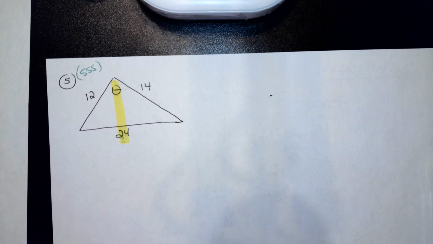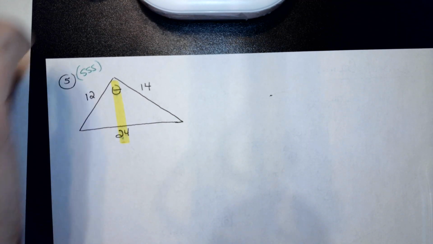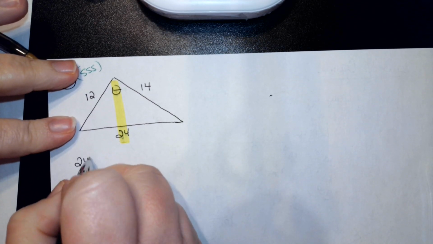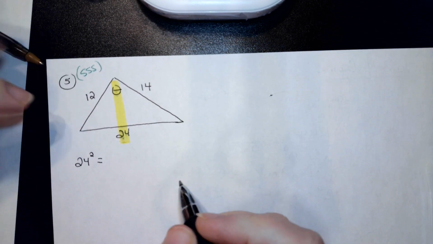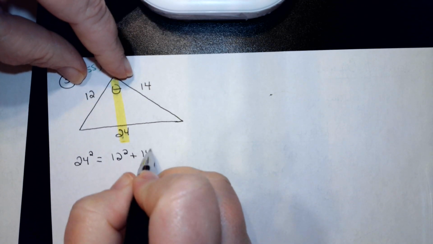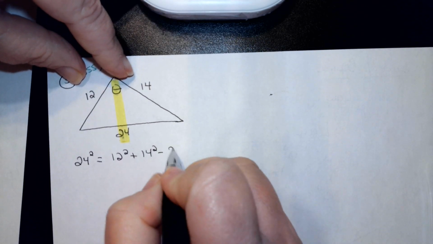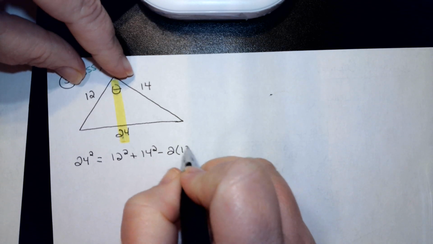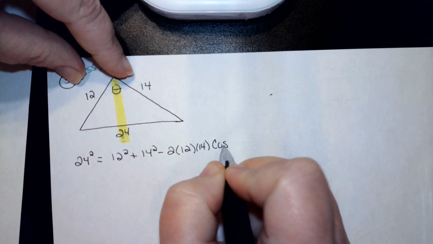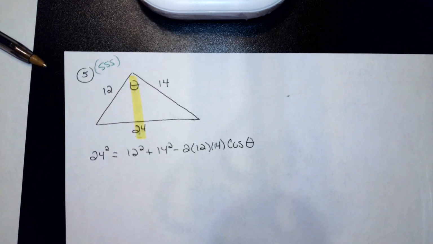We only know one of them. So we're going to use the law of cosines. So we're going to say our side that's opposite the angle squared is equal to the other two sides squared, so 12 squared plus 14 squared minus 2 times those sides, 12 and 14, times the cosine of our angle theta.